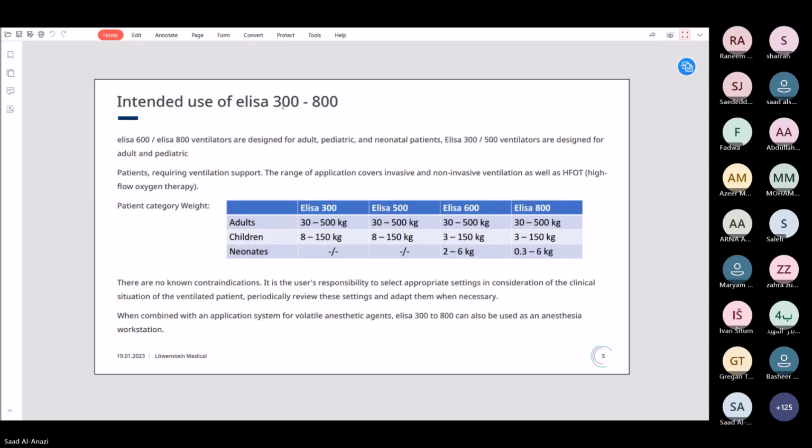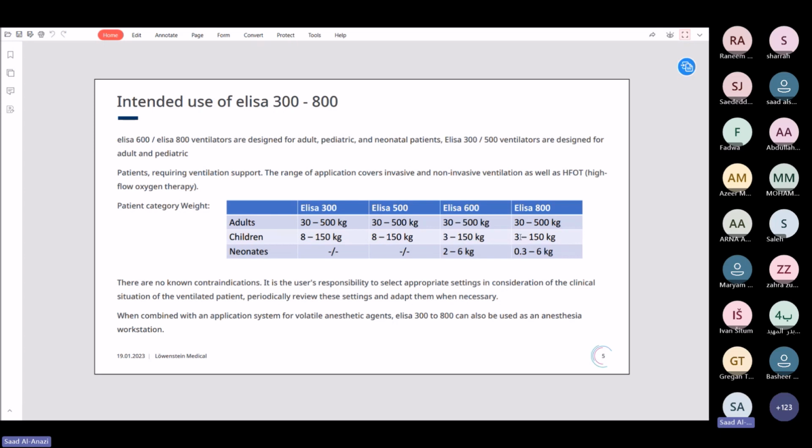So as you see in the ELISA 800 intended use, it's a great option. ELISA 800 is designed for all patient categories, adult, pediatric, and neonate, starting from 0.3 up to 6 kilos for the neonatal population, as you see in the tables.